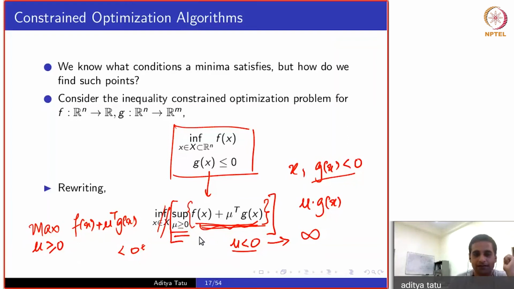The supremum over all non-negative mu's of this, as you just said, is nothing but f(x). This is then followed by the same thing, inf over x in X. So it's the same problem, isn't it? I'm just rewriting it in a different way. I hope it makes sense.